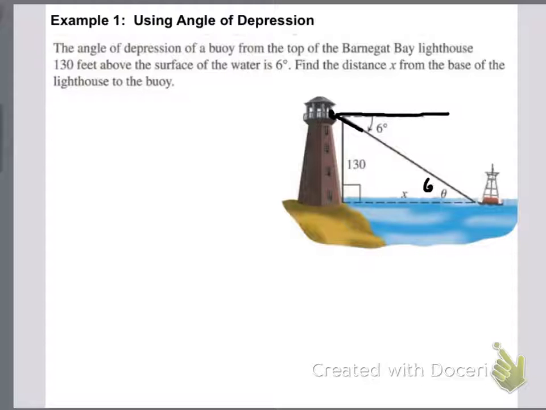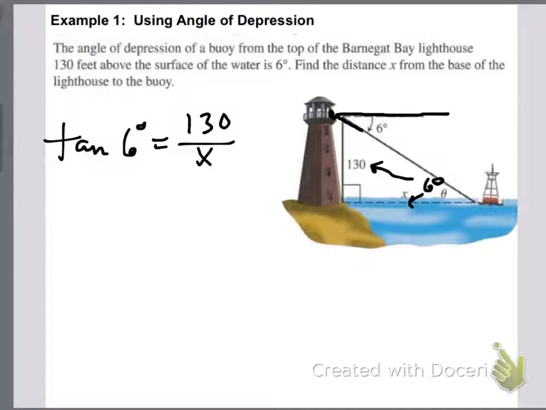So that means that this angle right here is 6 degrees. So what do I have? I have opposite, and then I have adjacent. Well, that's tangent. So the tangent of 6 degrees equals opposite over adjacent.